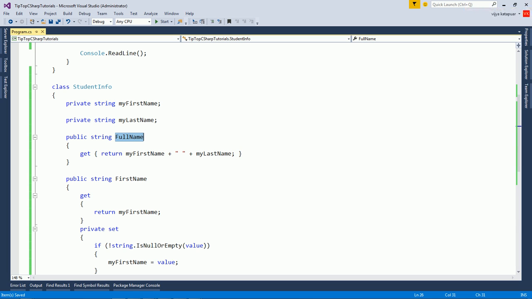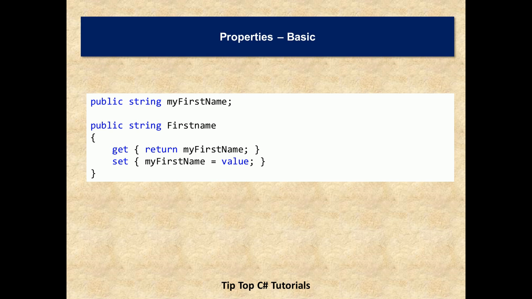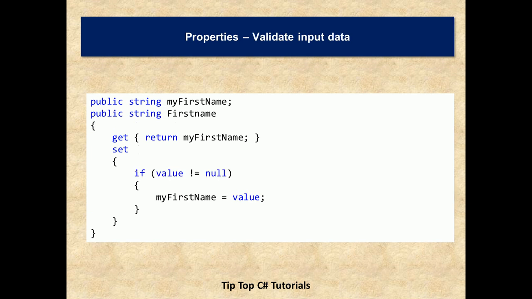Moving on, I'll switch to the PPT now. As you can see on the diagram, this is a basic property. Property validates input data. In properties, as I already showed you, you can validate the input data. You can specify that value is not null.